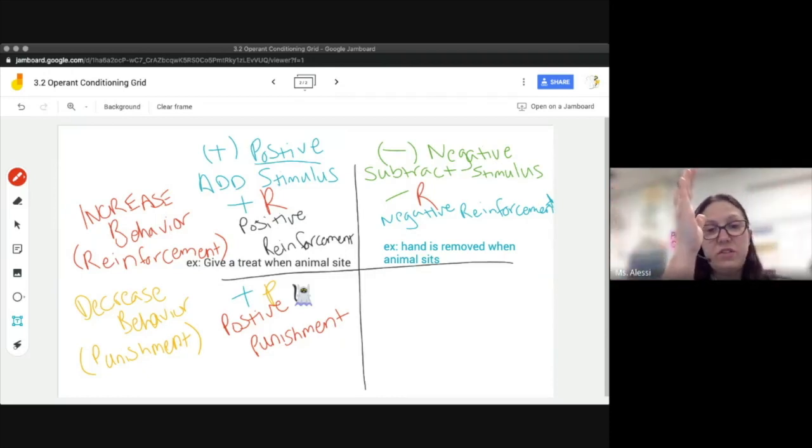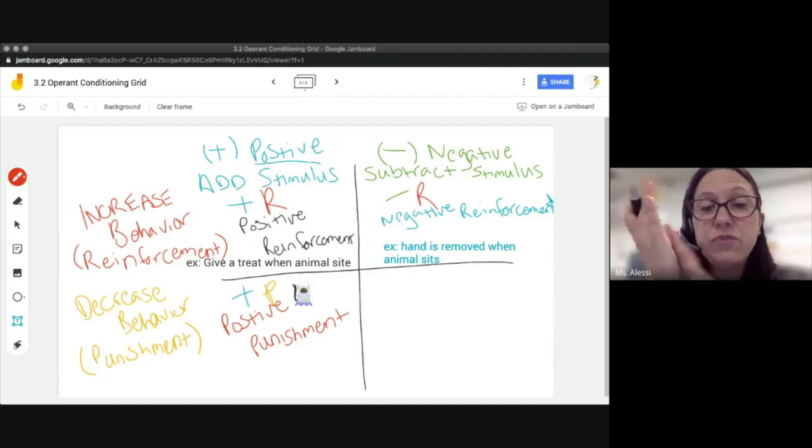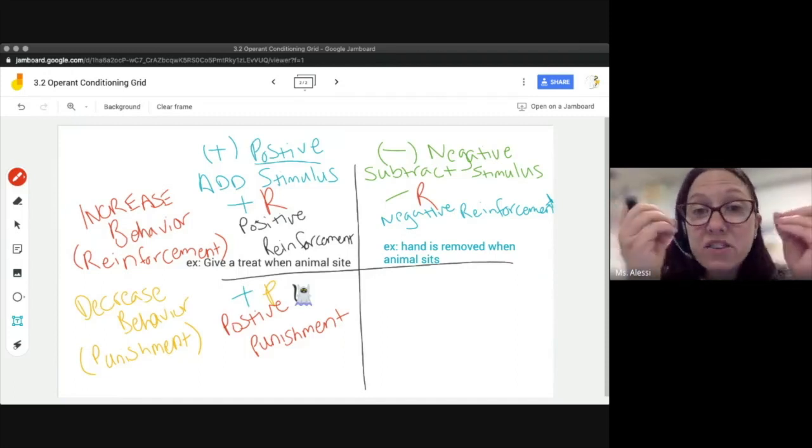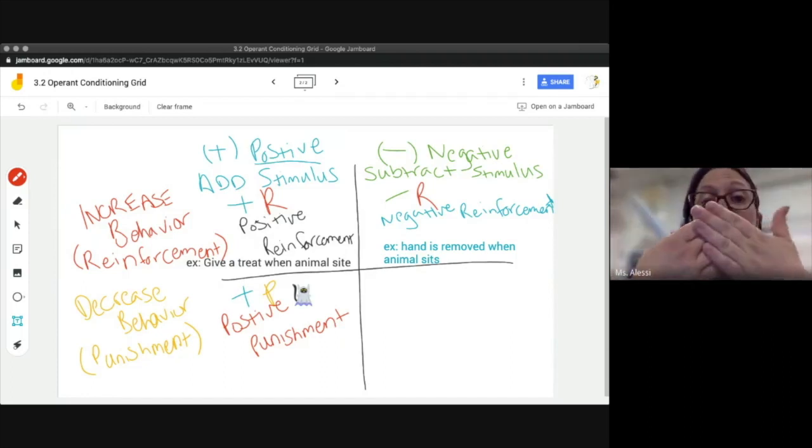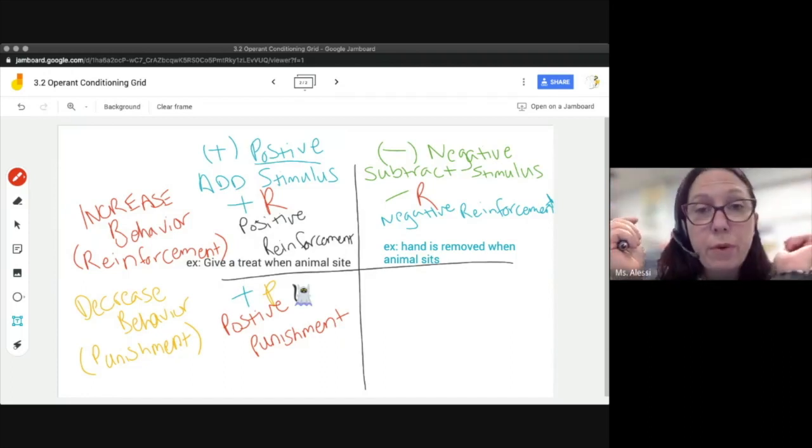All right. So what did I just do? Hit. I'm adding. I'm adding pain. I'm adding a stimulus. I'm adding contact. I don't want the animal to do that anymore, right? So positive punishment is actually when I'm going to take up that newspaper and hit the dog on the nose. Or how many of those people that you know of, when the animal goes potty in the house, take the animal's nose and rub it in it, right?